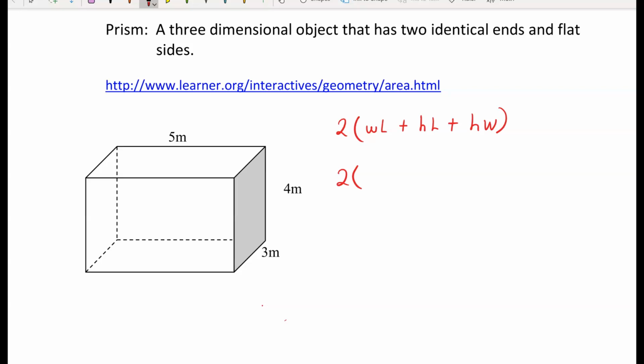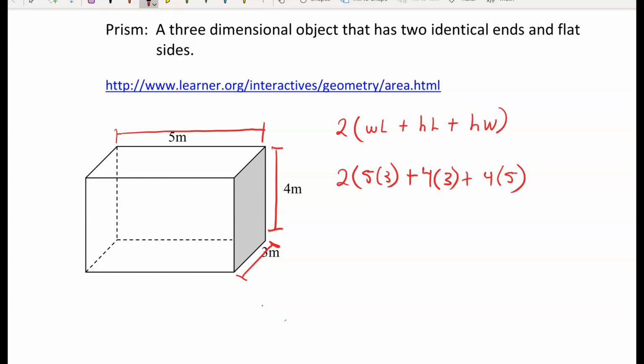My width is from here to here, which is 5, and my length is from the front to the back, which is 3, plus my height, which is from here to here, which is 4, multiplied by my length, which is 3, plus my height again, which was 4, multiplied by my width, which is 5.